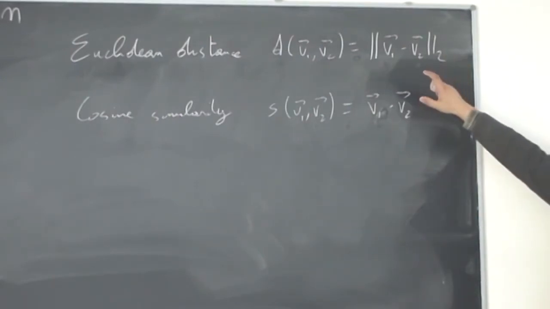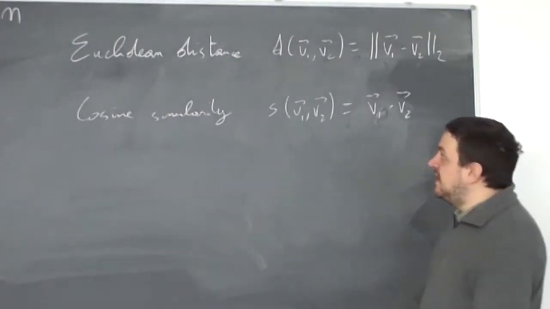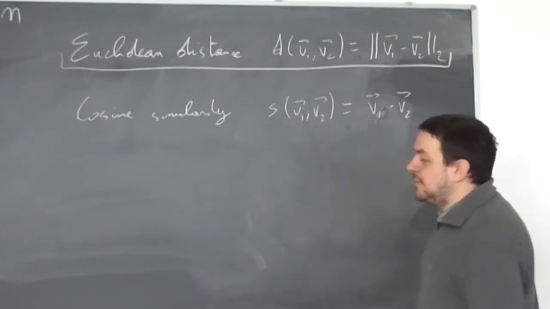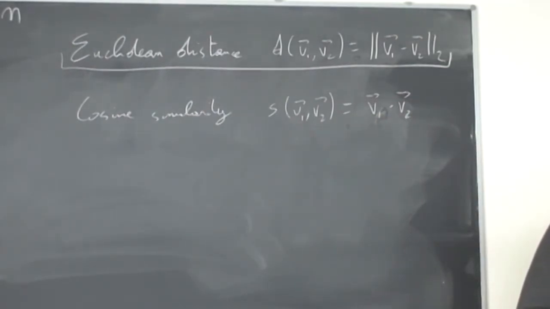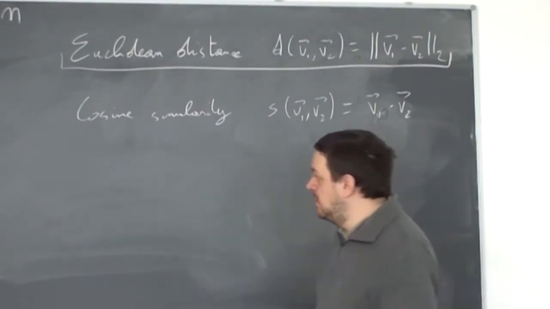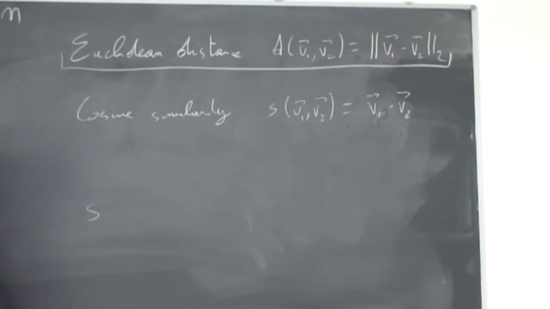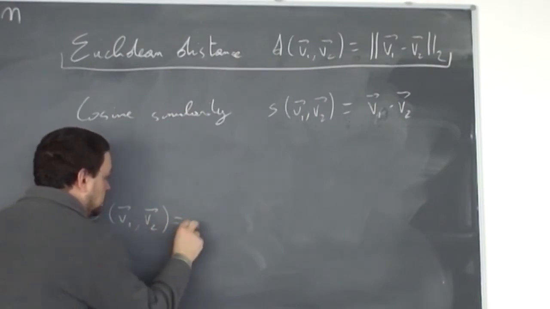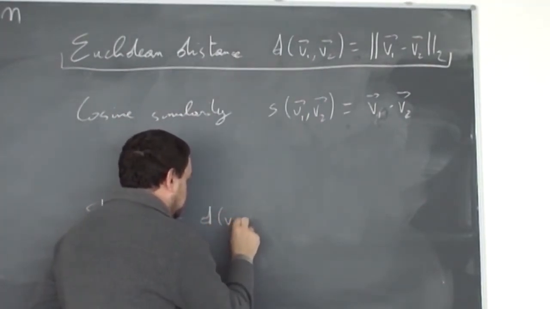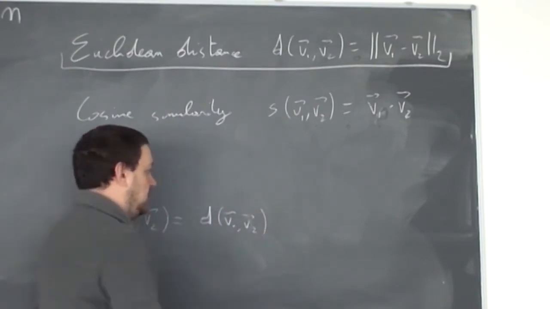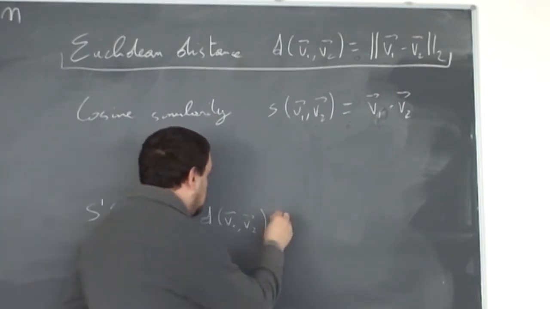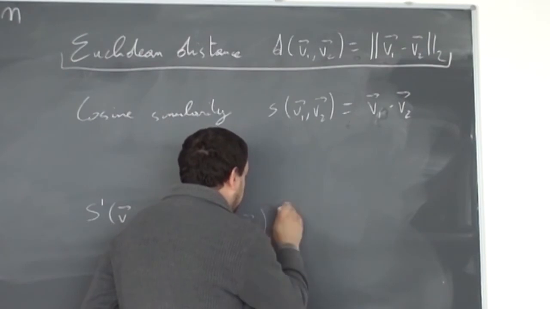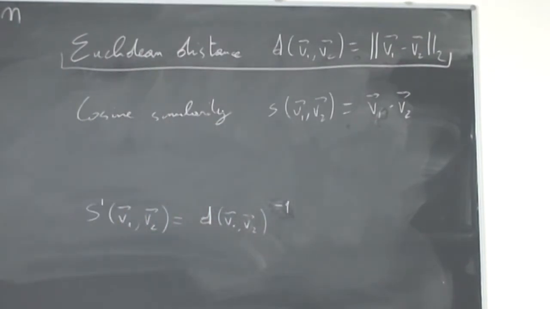Of course, we can switch from one to the other. So, for example, if we are considering Euclidean distance and we want to get a measure of similarity, for example, we can define a measure of similarity, let's say S prime, between V1 and V2, by considering their Euclidean distance and taking the reciprocal, 1 divided by distance.